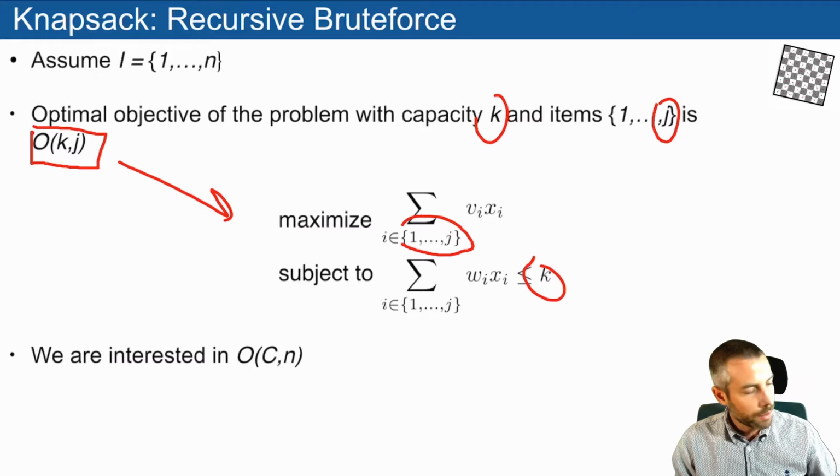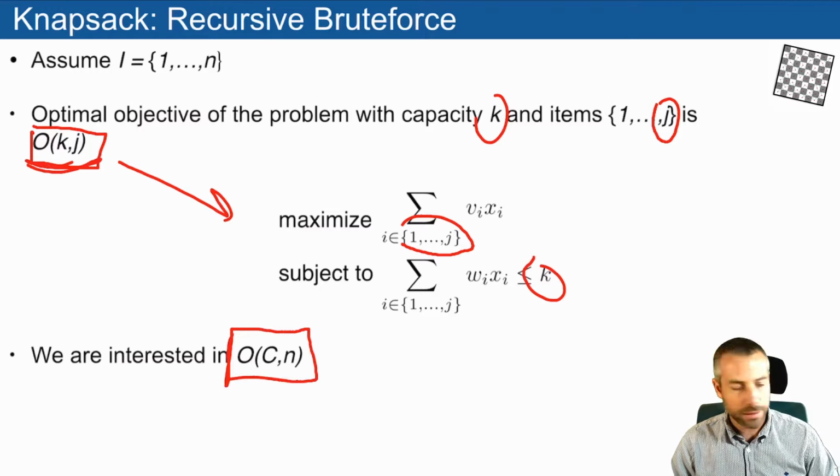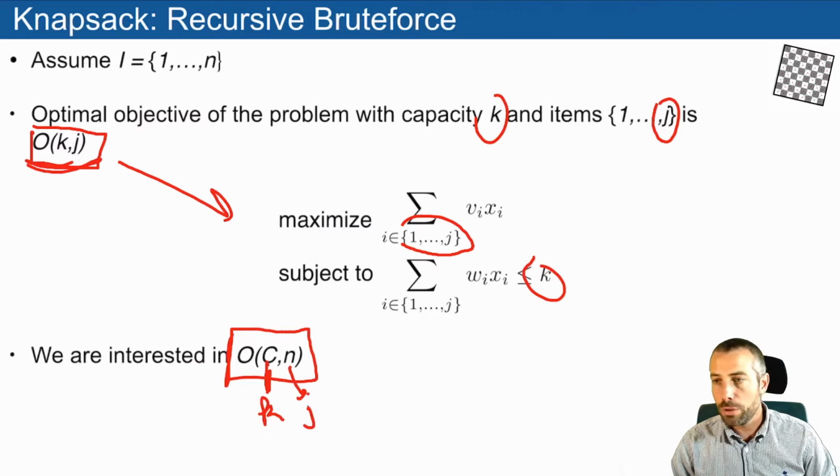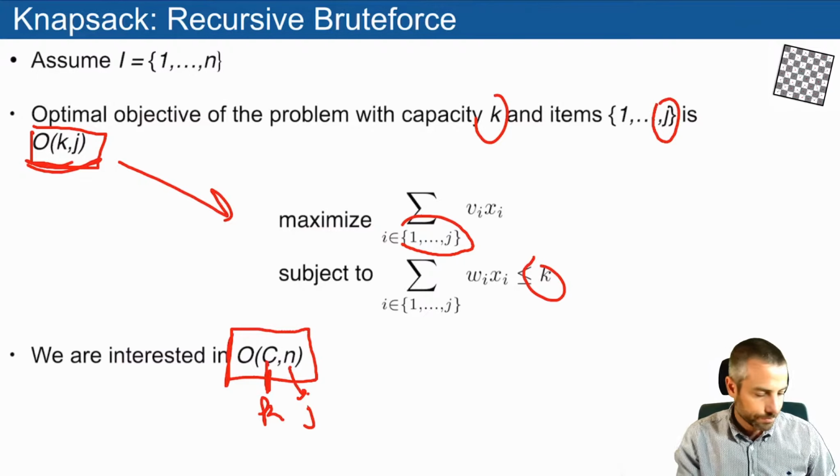These are the two parameters of my objective function. And of course, what I would like to discover is the optimal solution for the initial instance, which is O(C, N), so the capacity is C, and N is the number of items for the whole problem.